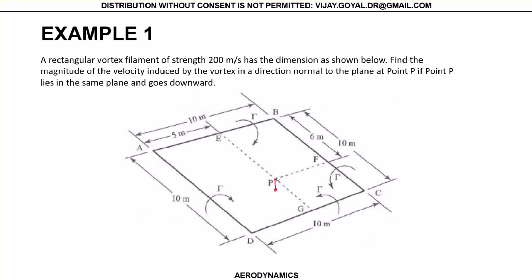And note that since the velocity is going down, using the right-hand rule, the arrows give me that direction, because if you use the right-hand rule, that's going to point a velocity going downwards.